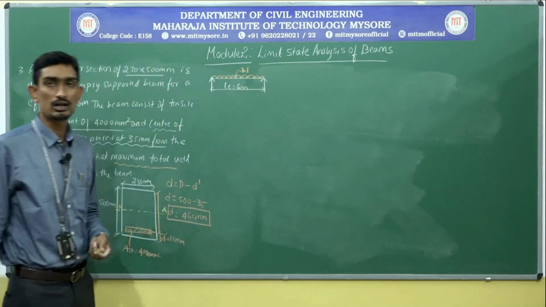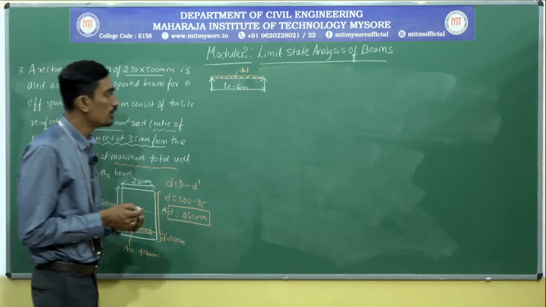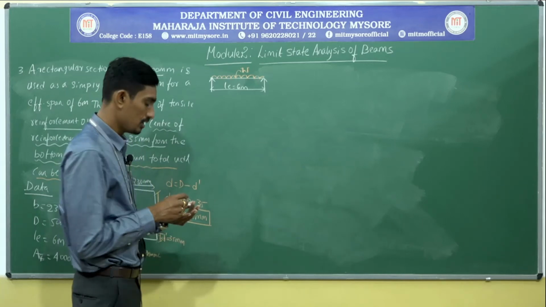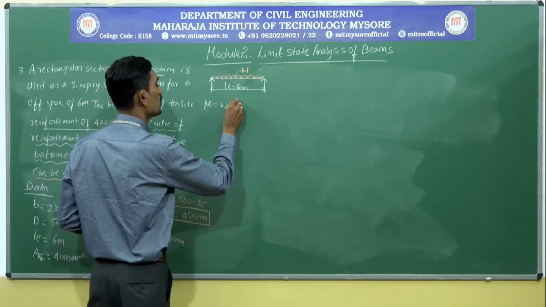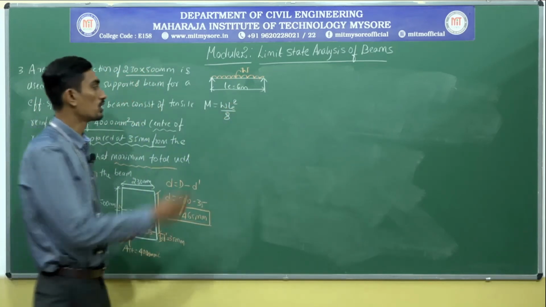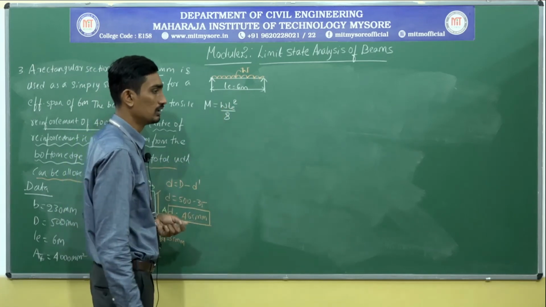So he is asking for W. We know the formula for this: M is equal to WL square by 8, that is the total load multiplied by effective span square by 8.